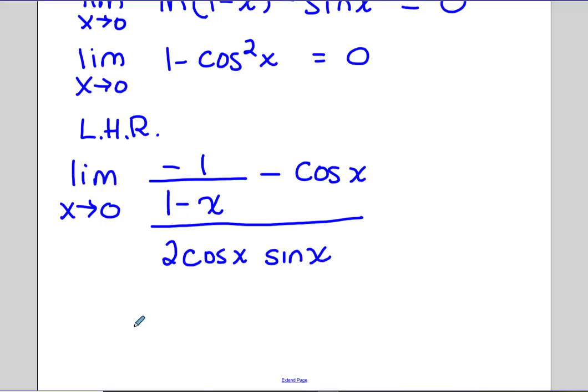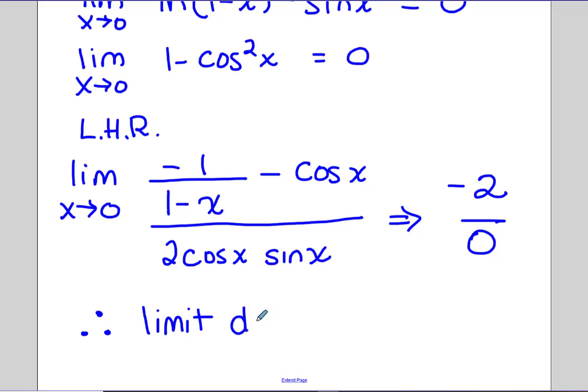And then substituting 0 everywhere, we're going to end up with, I believe, negative 2 in the top and 0 in the bottom. This is not indeterminate form. And just like in the movie, therefore, the limit does not exist.